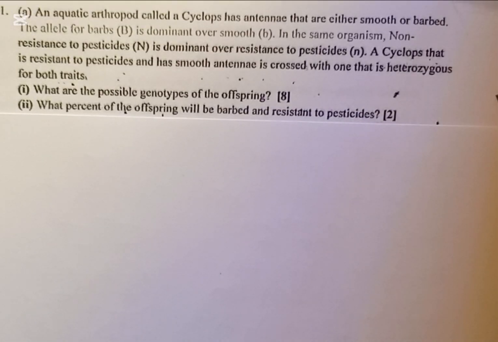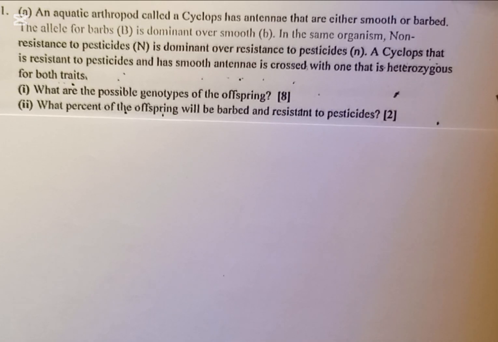Now, let me just give you a synopsis to this. When we look at dihybrid crosses, remember the crosses that we've been dealing with, we were just focusing on a single characteristic. So we're looking at the monohybrid cross. Now, this time around, we are focusing on two characteristics or traits.